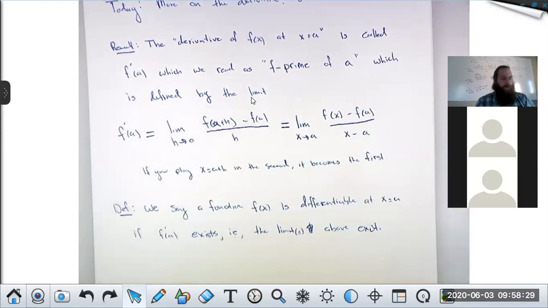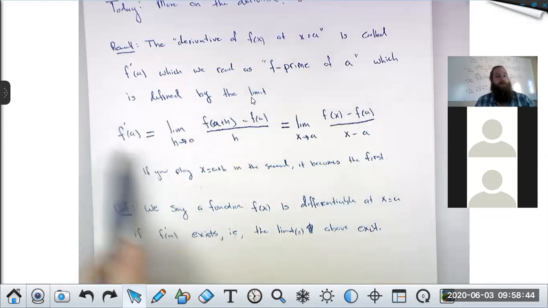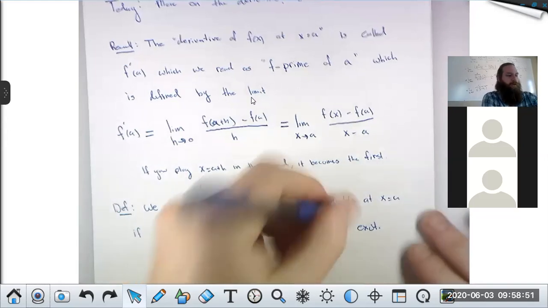Right. So it's possible for those limits to not exist. If the left and right limits don't agree, then the limits upstairs there might not exist. If that's the case, then f prime of a doesn't exist because it's defined to be that limit. And if that's the case, then we say f of x is not differentiable.